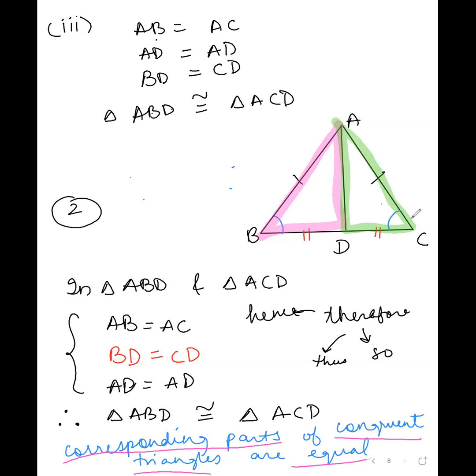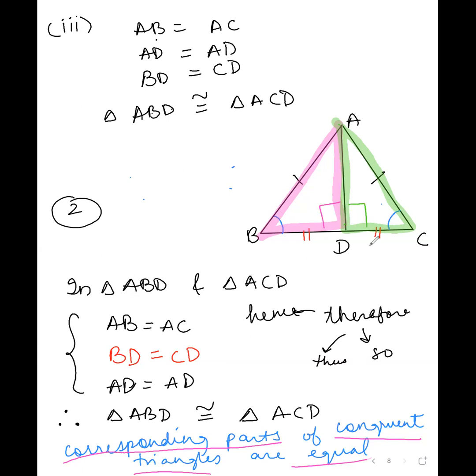Angle C. Very good. What is the corresponding part for side BD? CD. Very good. What is the corresponding part for side AD? AD, very good. What is the corresponding part for angle ADB? ADC, yes, excellent.